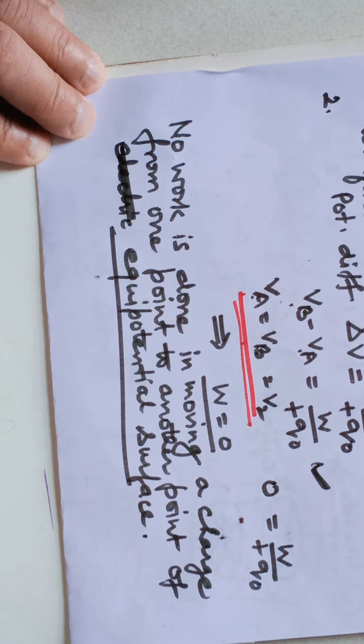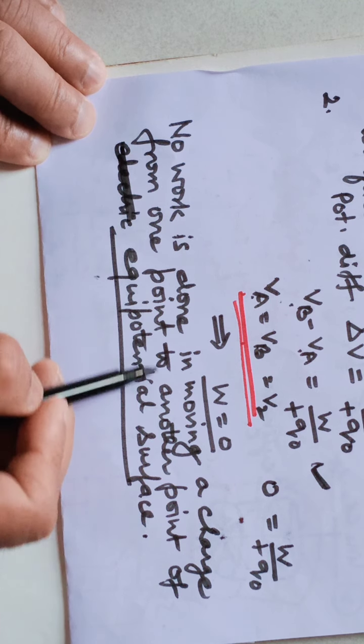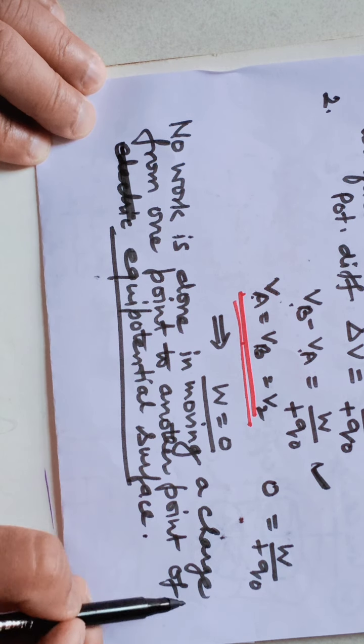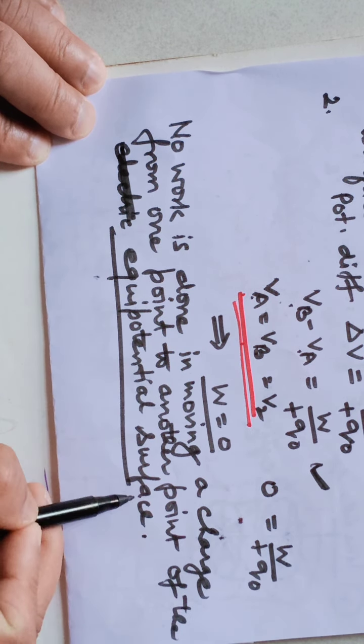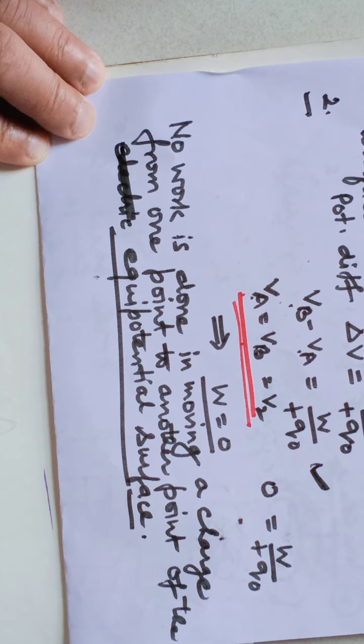No work is done in moving a charge from one point to another point of the equipotential surface. So this is property 2.